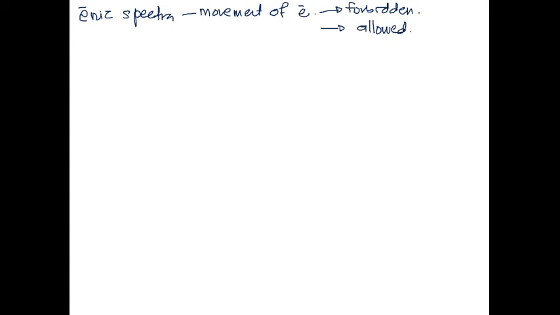Okay, so macam mana kita nak tahu, okay, that particular complex or compound is a forbidden or an allowed transition? Maksudnya forbidden movement or allowed movement. Macam mana kita nak tahu? So based on two selection rules. So we have two rules, okay, untuk bagi tahu whether it is forbidden or allowed.